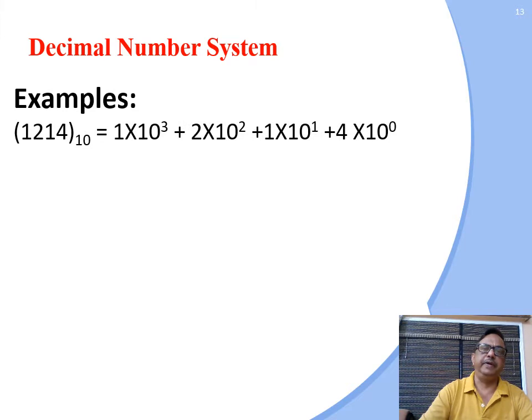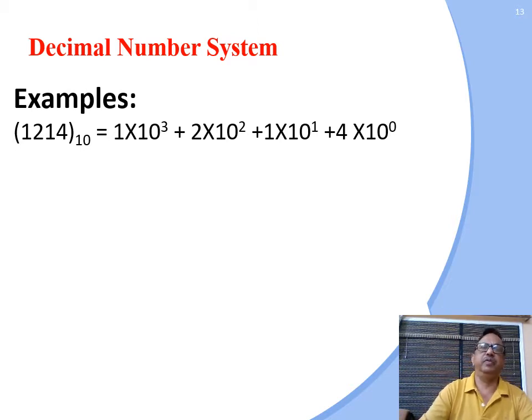Here I have taken a number, you see 1214. In this number, 4 is the LSD, that is least significant digit, and 1 is known as the most significant digit.